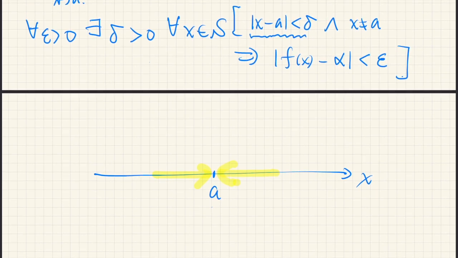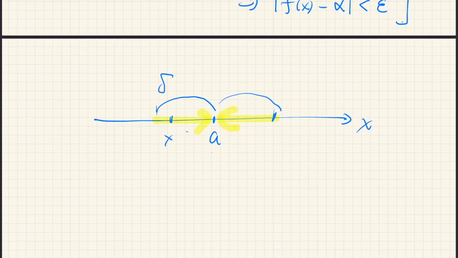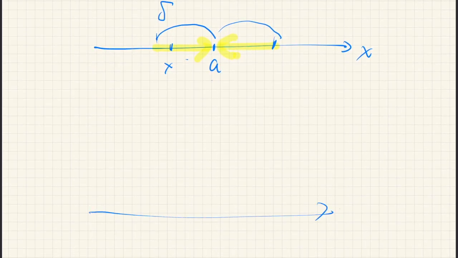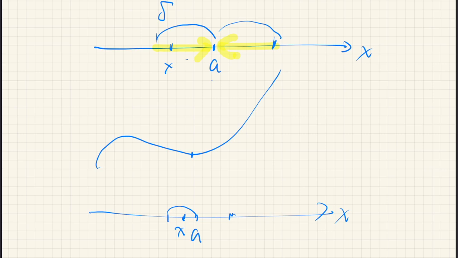Okay, so the difference between x and a is less than delta. Let's write this way, x and a, and let's say this is a function, and when x is somewhere between a minus delta and a plus delta.